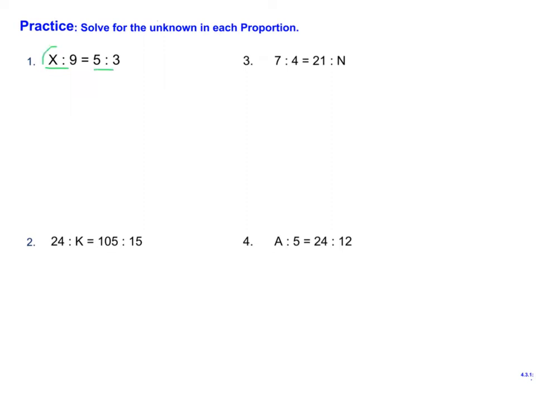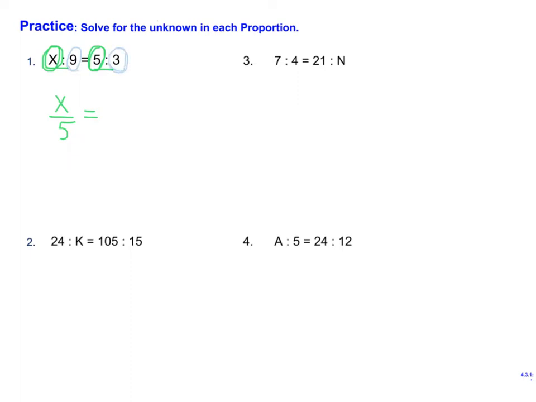Instead of writing one side altogether and the other side on the right, what we could do is write the first number on this side over the first number on that side. So we could write this as x over 5 is equal to the other fraction, the second number over the second number.